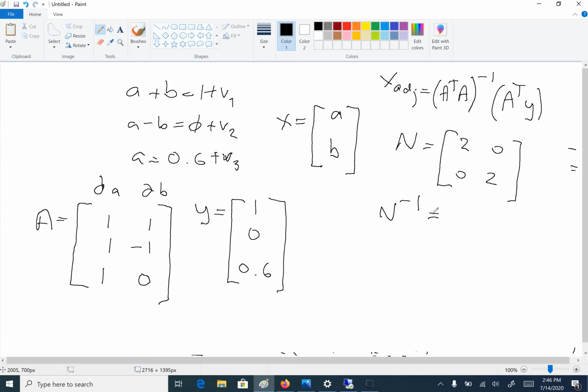The inverse of that is going to be 0.5, 0, 0, and 0.5.